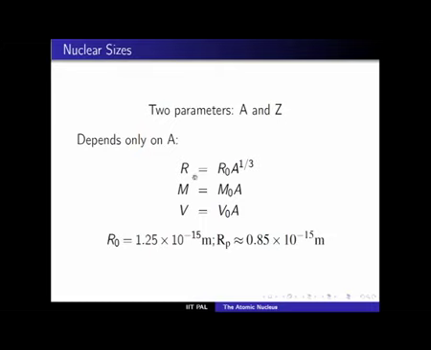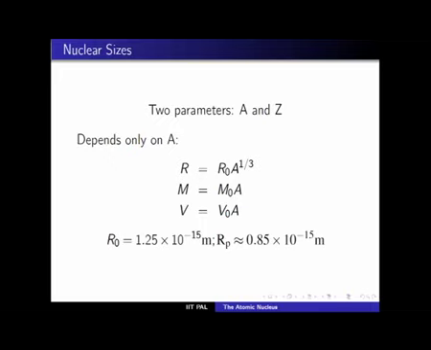So if you assume that the mass is uniformly distributed, then mass goes like a linear function of A, and volume also goes like a linear function of A. Now what is it that you are finding? There is an empirical parameter R0, and this R0 is given by 1.25 into 10 to the power of minus 15 meters.